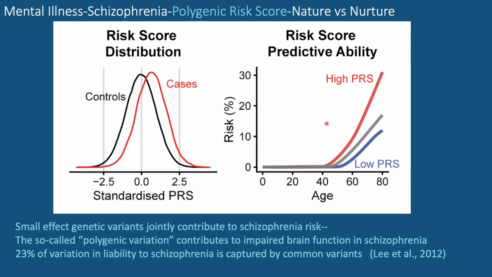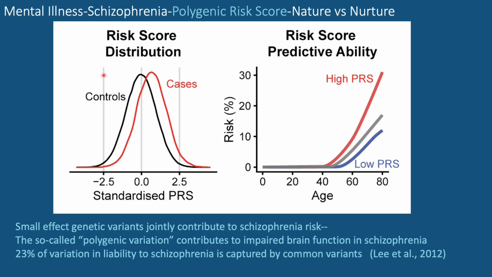On the right side of the cartoon, what you see is the polygenic risk score with respect to age. On the x-axis, you see age from 0 to 80 years old and different types of polygenic risk score. In red is high polygenic risk score and in blue is low polygenic risk score.